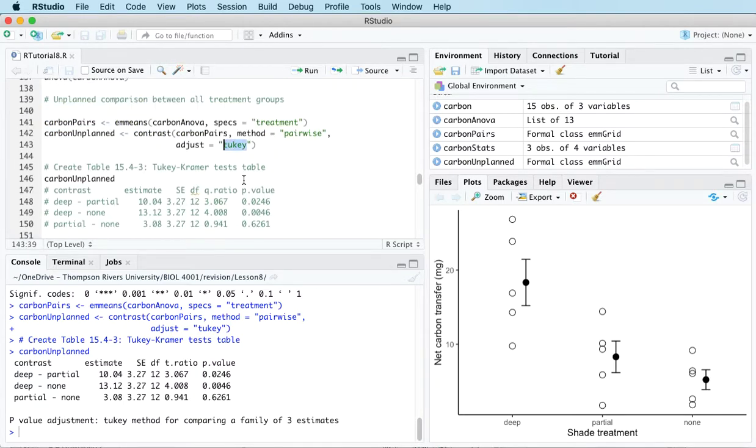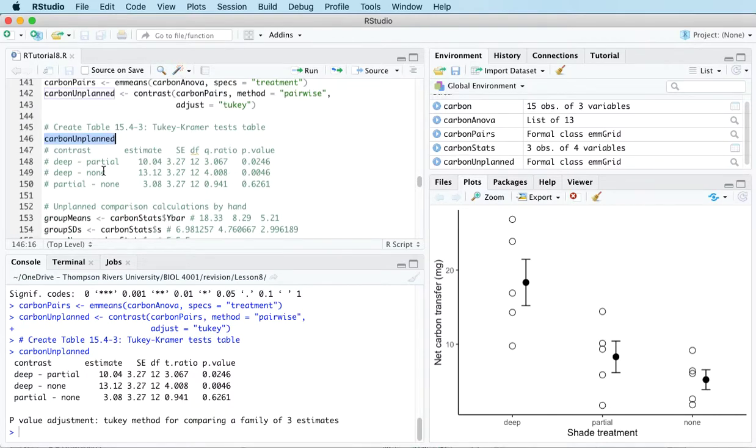And if you use the Tukey method, the Tukey Kramer method, you use Tukey for the argument here, and then you get your table of results, and then you can go through each different contrast and determine whether you're going to reject or fail to reject the null hypothesis in each case.